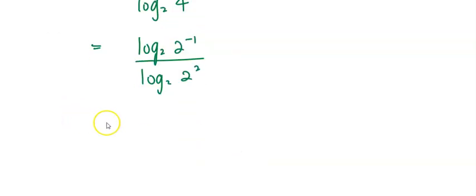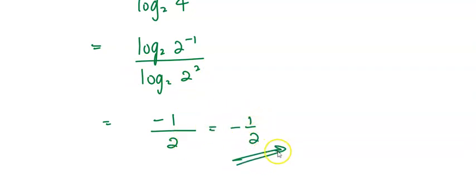Then I will have my -1 move to the front, I got -1 multiplied by log 2 to the base of 2, which is equal to 1, over 2 move to the front, you got 2 multiplied by log 2 to the base of 2, which equals 1 as well. Finally, you got -1 over 2.